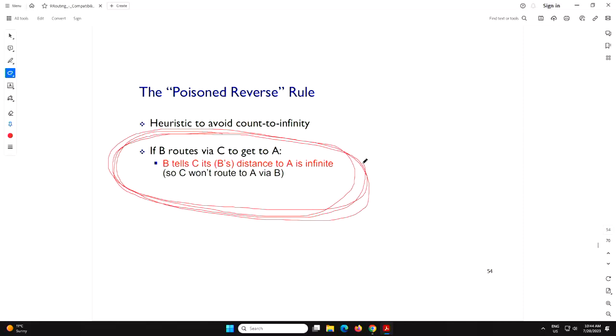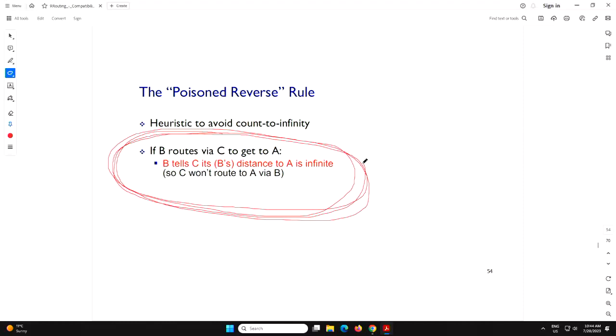So the solution of Poisson reverse is instead of advertising 3 columns, advertise selected rows of the table. Eliminate the rows where your neighbor is the next hop. If your neighbor is the next hop in any of the rows, do not advertise that row of the table.